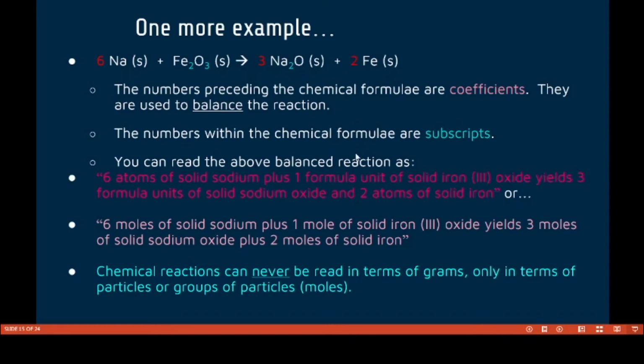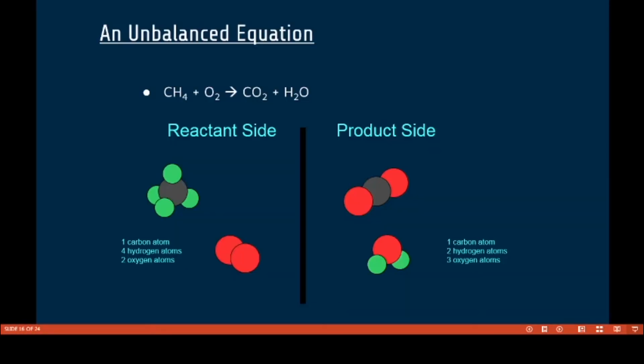Or you can say it like this also: 6 moles of solid sodium plus 1 mole of solid iron oxide yields 3 moles of solid sodium oxide plus 2 moles of solid iron. Chemical reactions can never be read in terms of grams. Keep it in mind, students. They can only be read in terms of particles or groups of particles, in moles.